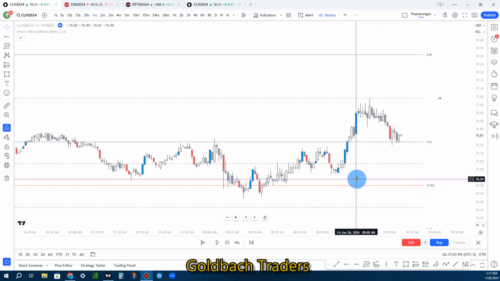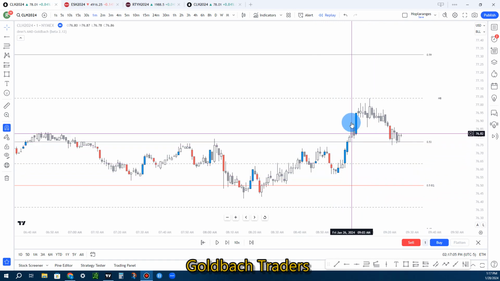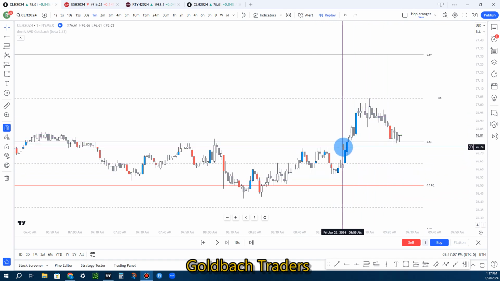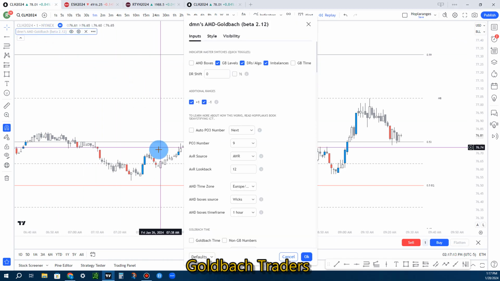One other thing. You can see that these colored candles are different, right? You haven't seen these yet. This is still part of this AMD Goldback indicator, and it depicts the BISI and the SIBI, which stand for buy side imbalance, sell side inefficiency, and sell side imbalance, buy side inefficiency.